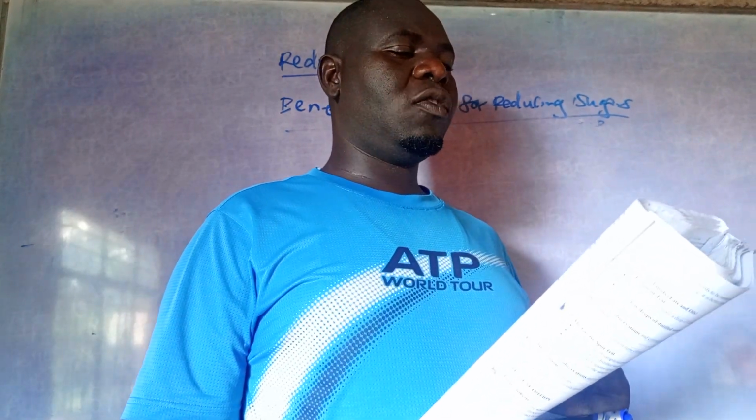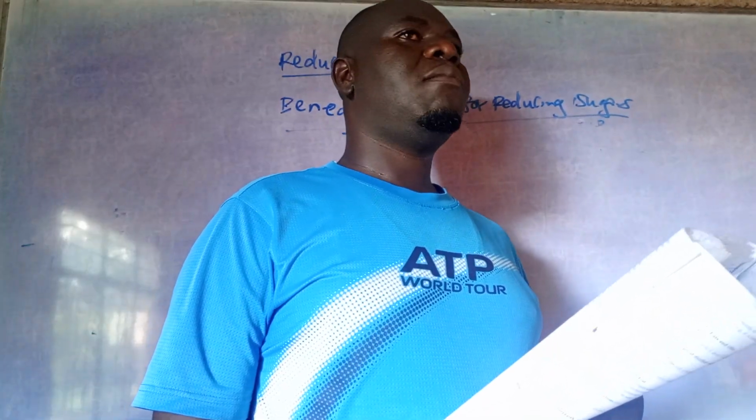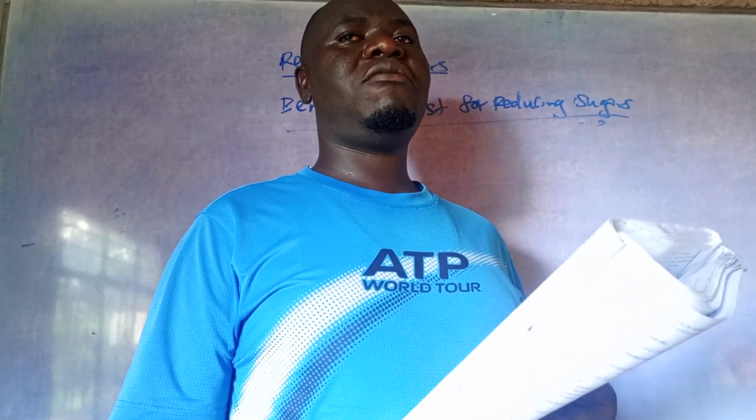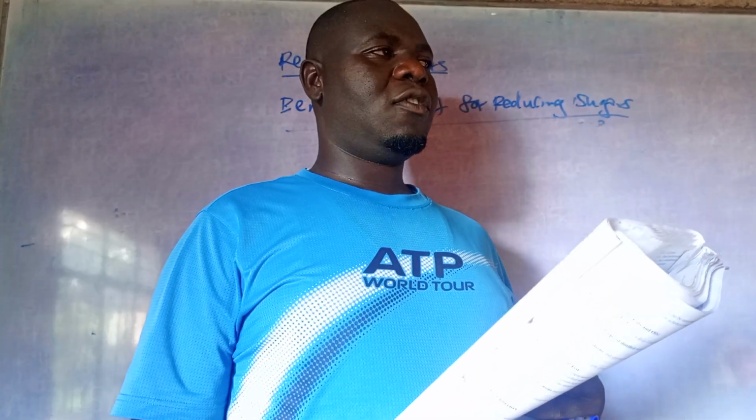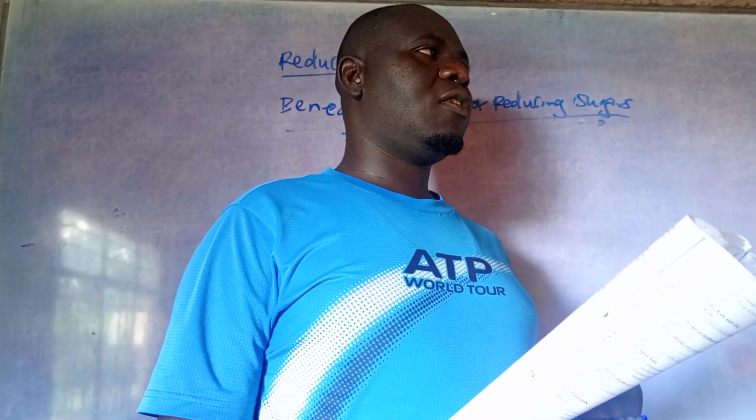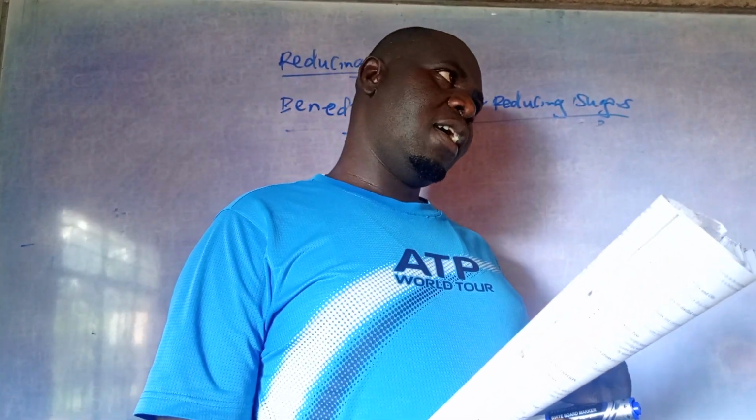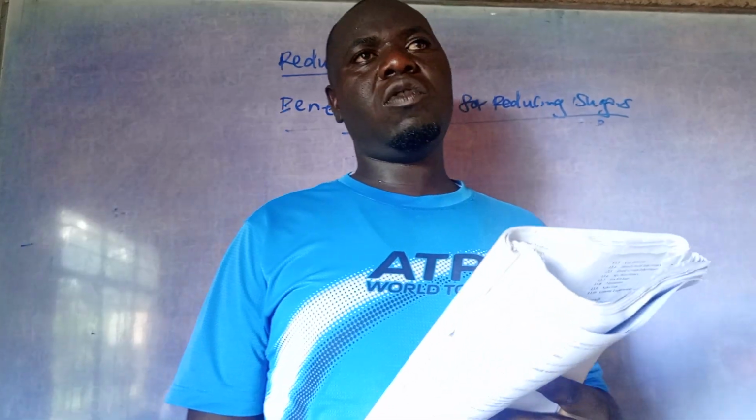Then from there, add 2 centimeter cubic. In short, you put equal volume, but in my exam you don't write put equal volume. So you say add 2 centimeter cubic of Benedict solution to the sample and shake.